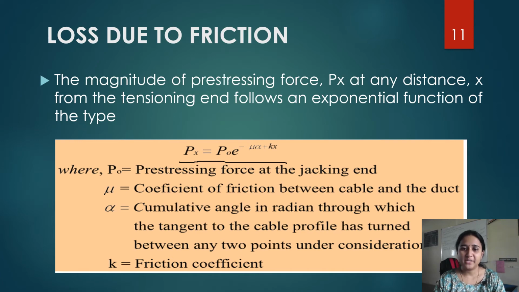Px is equal to P0 into e raised to minus (mu alpha plus kx). Now P0 is the pre-stressing force at jacking, or initial pre-stress. Mu is the coefficient of friction between cable and the duct. Alpha is the cumulative angle in radians through which the tangent to the cable profile has turned between the 2 points under consideration.